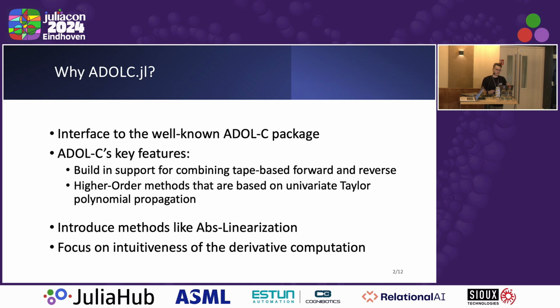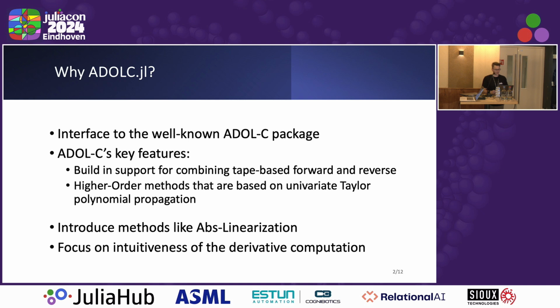One key aspect of implementing ADOLC.jl was to enable people who use ADOLC in C++ to shift their codes to Julia more easily. In addition, there are some key features which are currently not that available in Julia, like a focus on tape-based forward and reverse mode, and especially on the combination of them to compute higher order derivatives.